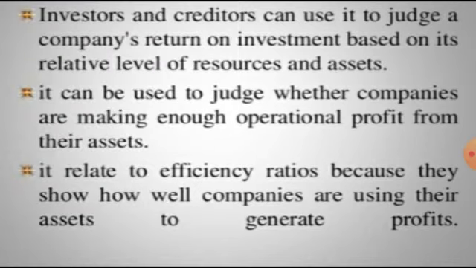Investors and creditors can use it to judge a company's return on investment based on its relative level of resources and assets. It can be used to judge whether companies are making enough operational profit from their assets. It relates to efficiency ratios because they show how well companies are using their assets to generate profits.